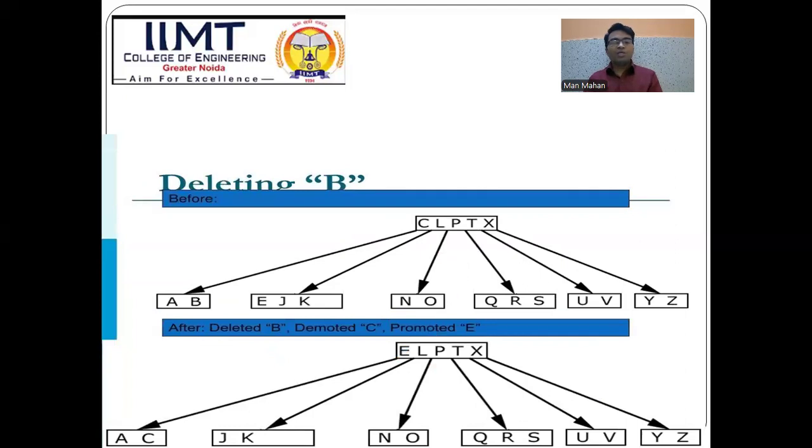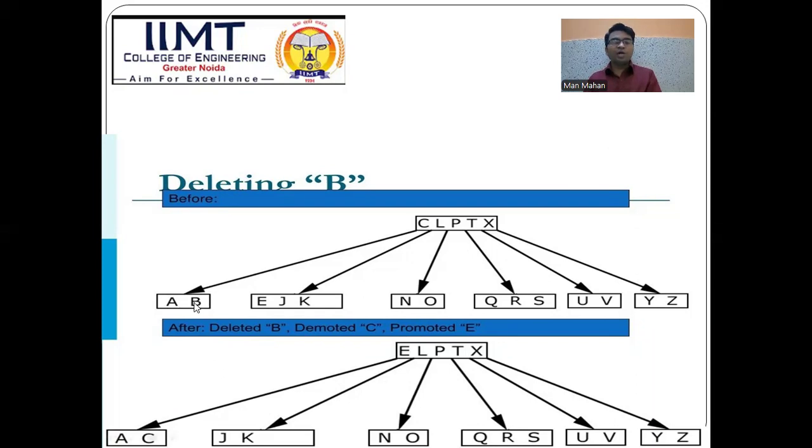This is the deletion process of B in the previous example. We can see where B is. B is on the left hand side of the C root node. If we want to delete B, then A is alone, which does not follow the minimum property of the B tree, which requires m by 2 elements.